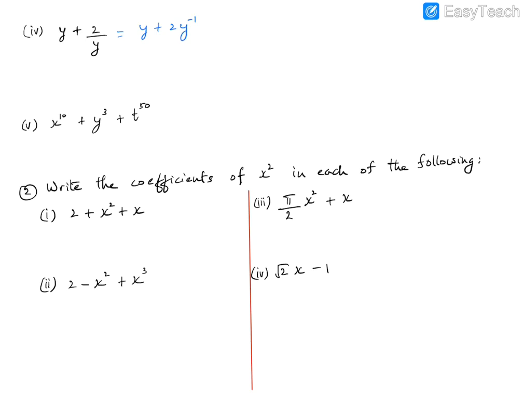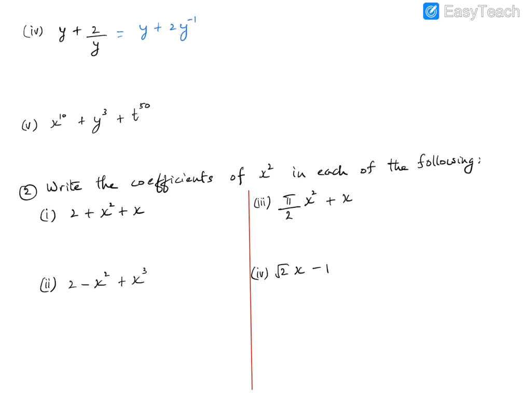However, one of the terms has a power which is not a whole number. It is a power of minus 1. So minus 1 is not a whole number. Whole numbers start from 0 and go on to have all positive integer values, including 0. But negative numbers do not come under whole numbers. So therefore, this expression is not a polynomial, even though it is an expression in one variable.